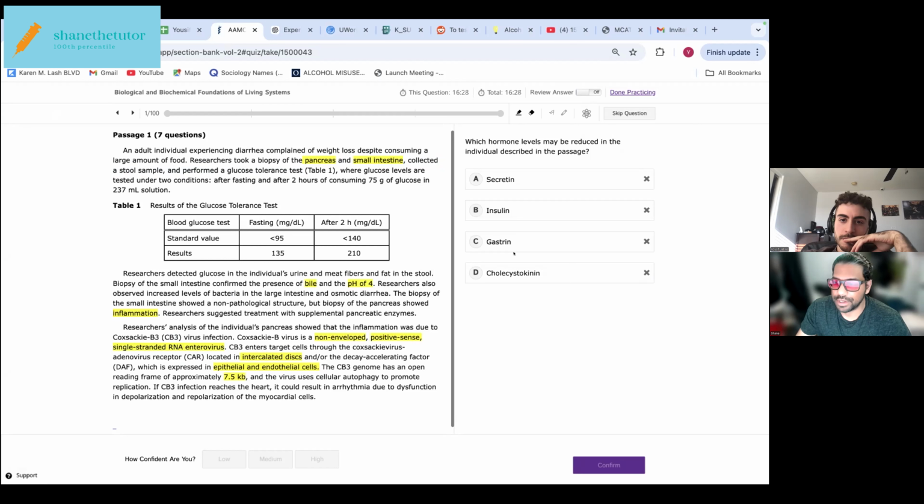Yeah, so secretin, I was taking a look at that before because that's the thing that causes the pancreas to release the bicarbonate to neutralize the acidic chyme. So, yeah, that was something that I was thinking about when I saw it. Okay. And then gastrin is just released from G cells. And then cholecystokinin.